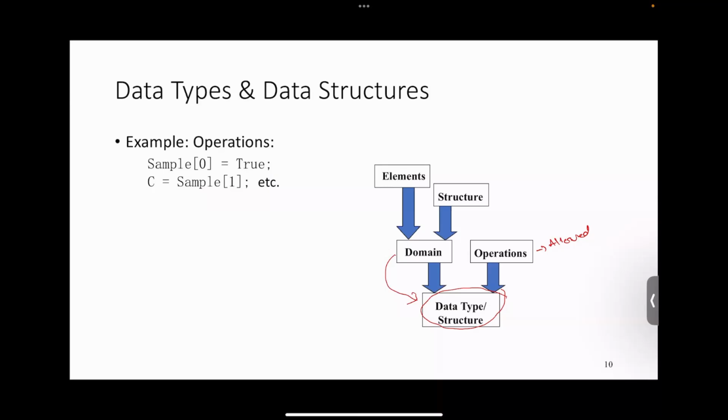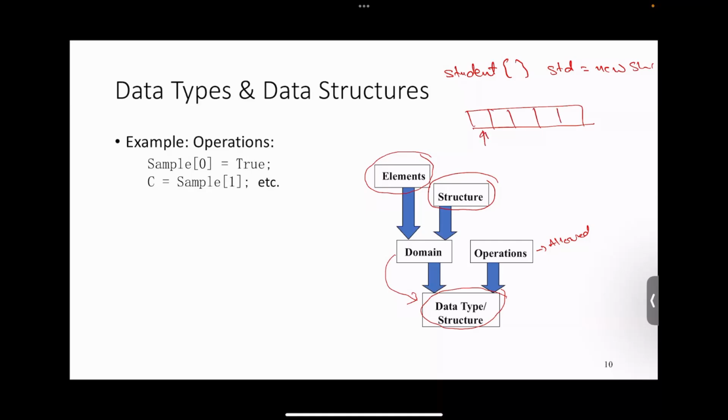Now, this domain value, if it is a data structure, may be an individual element, and it may be another data structure as well. For example, we already remember the array list, or the array of objects. Let's say we create an array of student: std is equal to new student array. What happens is this creates an array of students where every location holds another structure, which is a class, the object of the student.